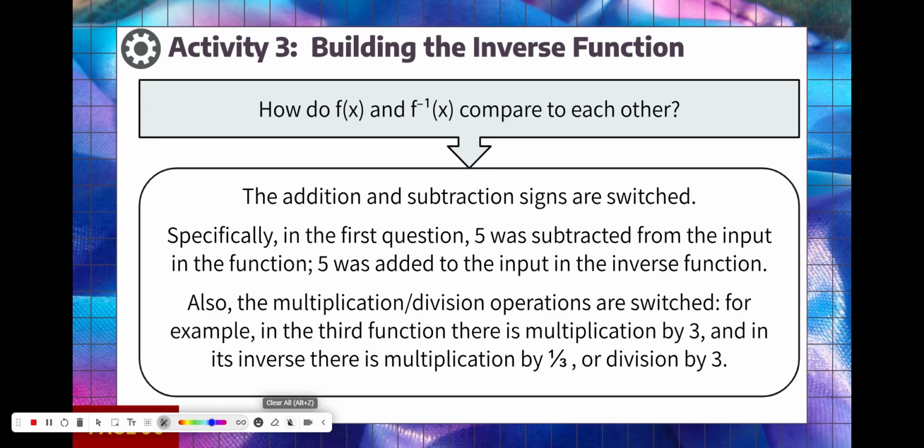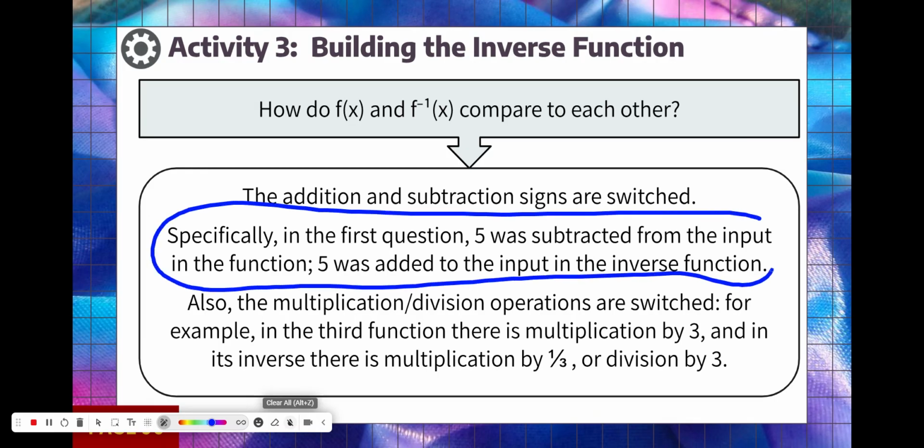Specifically, in the first question, 5 was subtracted from the input in the function, and then 5 was added to the input in the inverse function. You probably cannot comprehend what I'm talking about here, because on the next slide I'll show you what this is. Also, the multiplication and the division operations are switched.